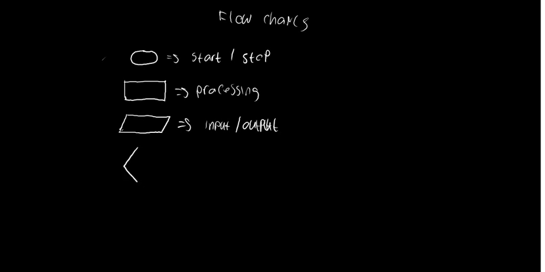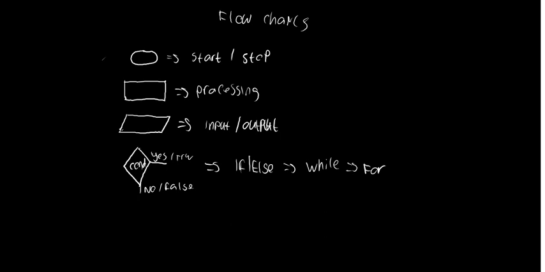Then we have our decision box. Our decision box is similar to our if statement: it does a yes or a no, or a true or a false. If we enter a condition in here, it's similar to our if/else, but it can also be used to represent a while loop and also a for loop.